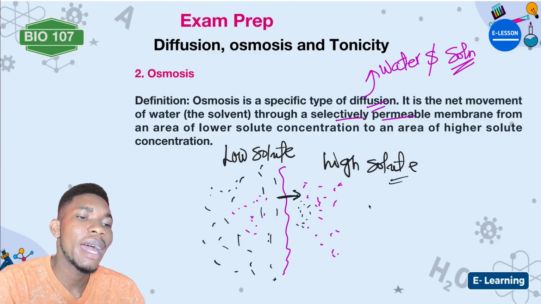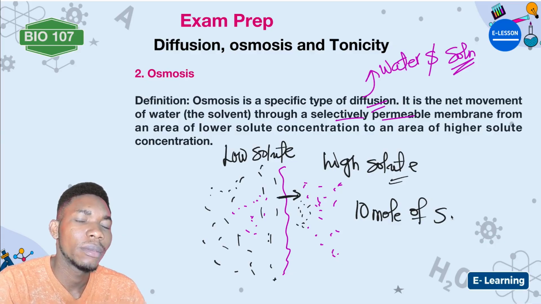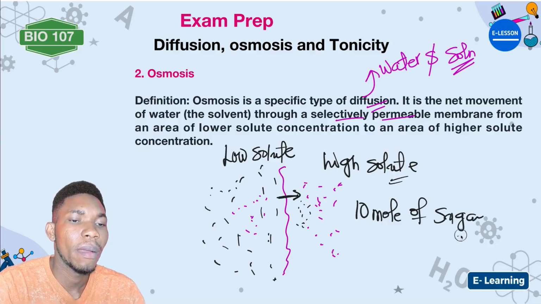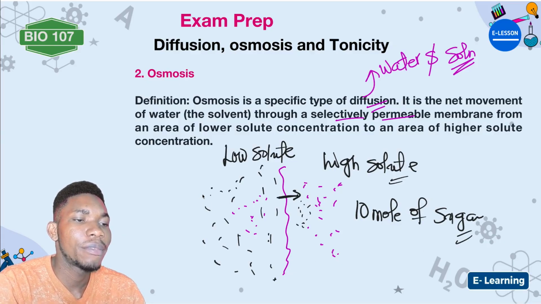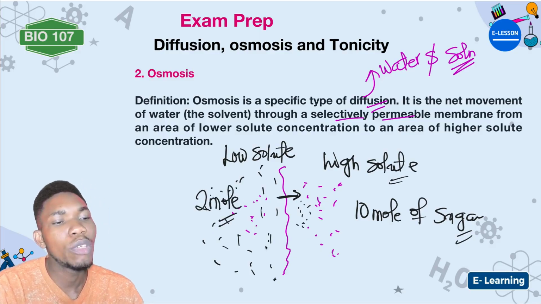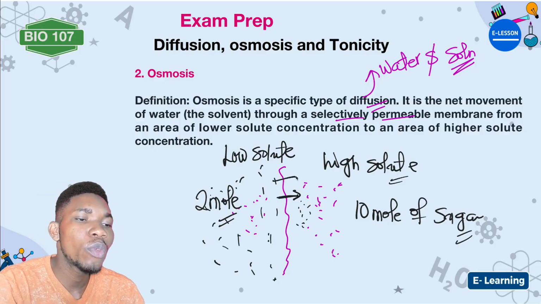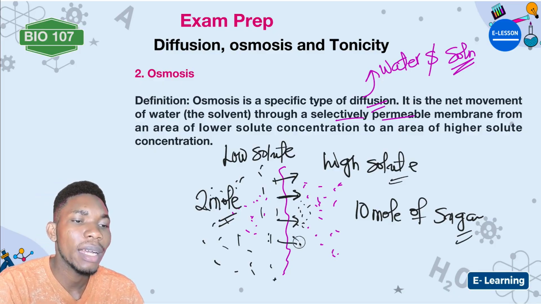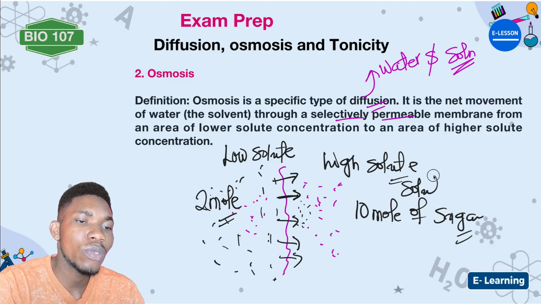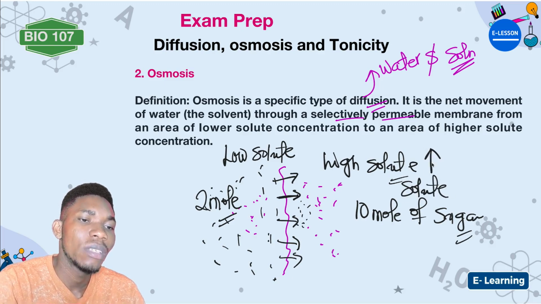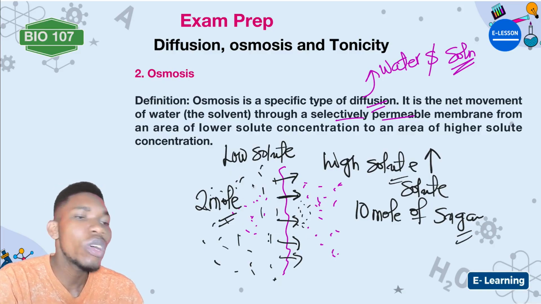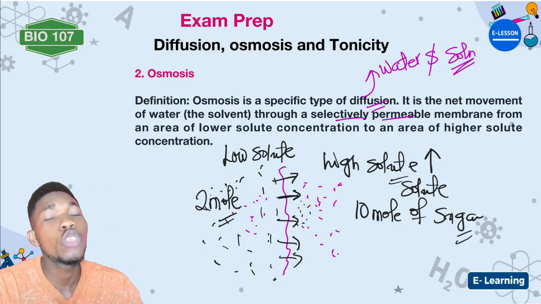So for instance, if I have 10 mole of sugar here, and here I have 2 mole of sugar, where do you think water will move to? Water will move towards where there is more sugar. Are you getting it? Because the sugar concentration here, in this case our solute is sugar, is high. So water will always move. It is not the sugar that is moving, it's not the solute that is moving, it is water.